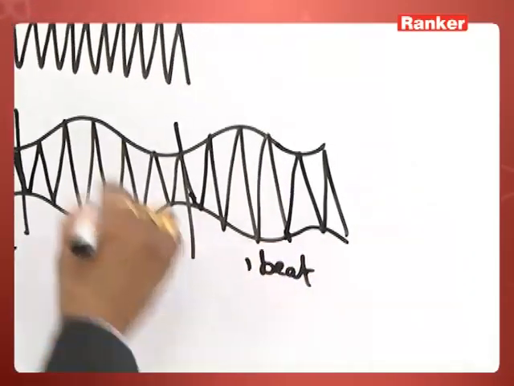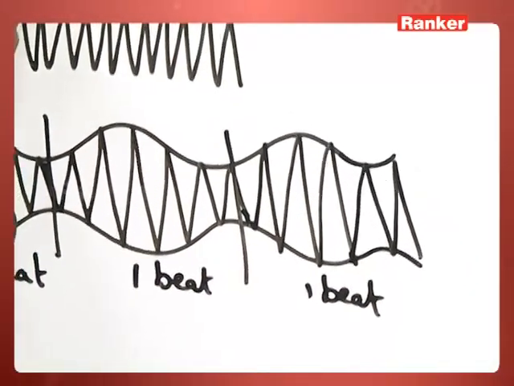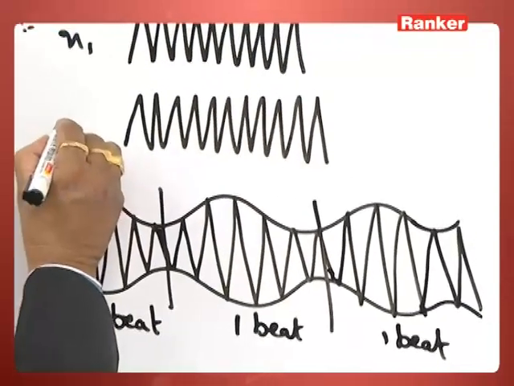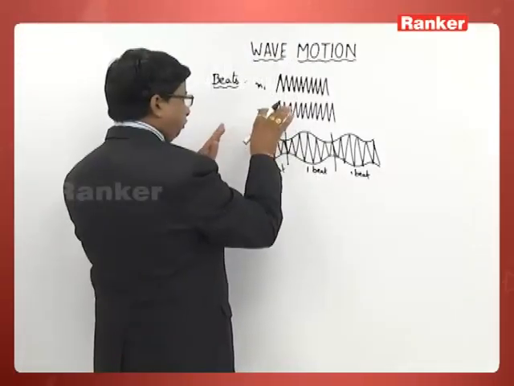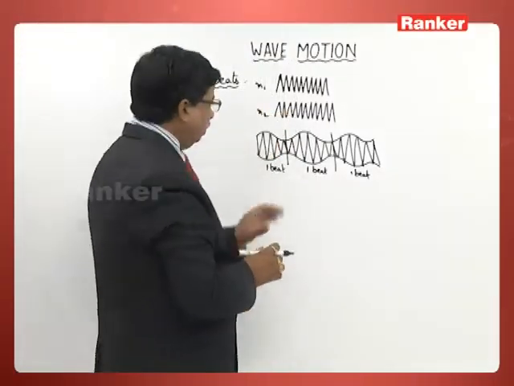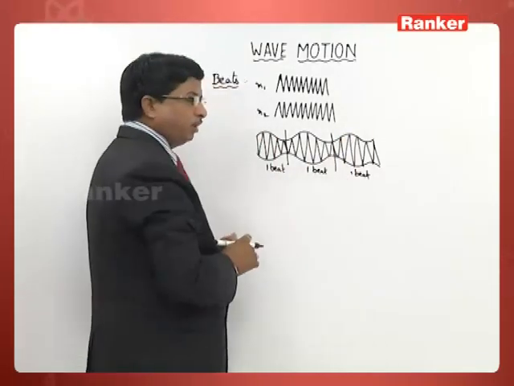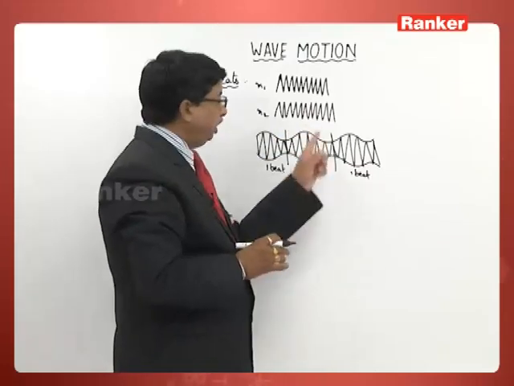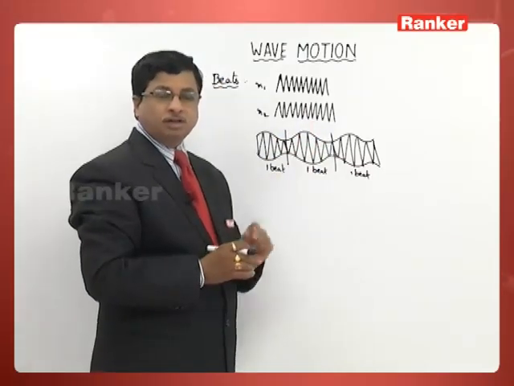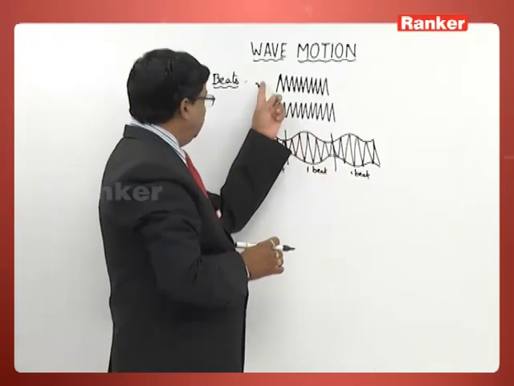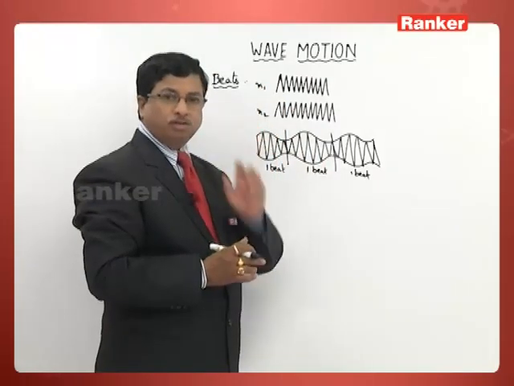Like that, if I consider the frequency of the first wave as N1 and the frequency of the second wave as N2, then the number of beats produced in 1 second, in other words the beat frequency, is equivalent to the difference of these two frequencies.